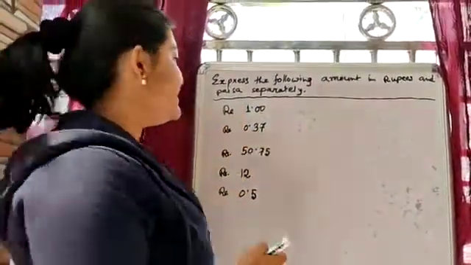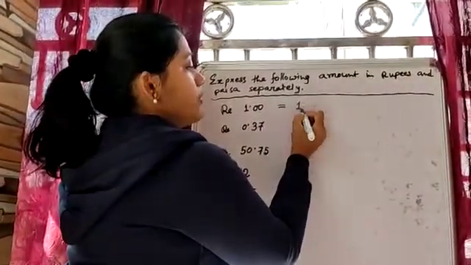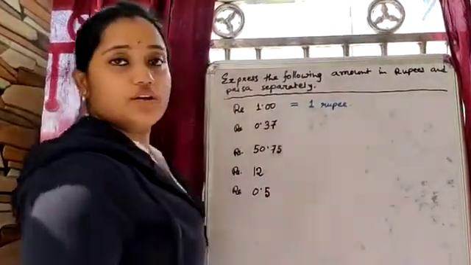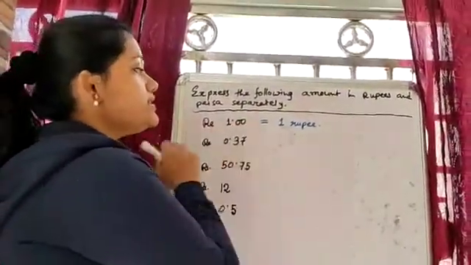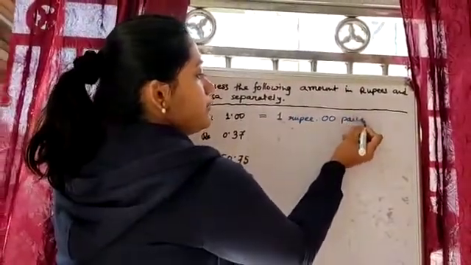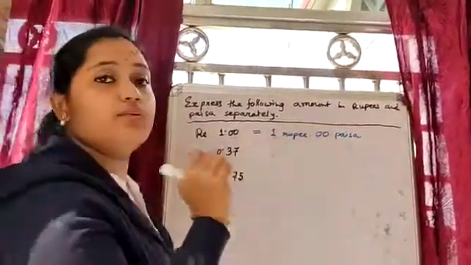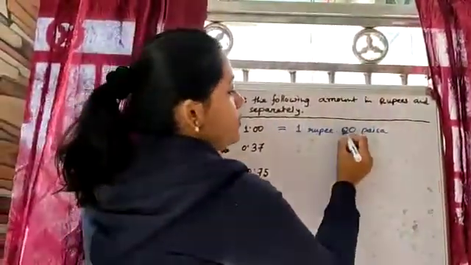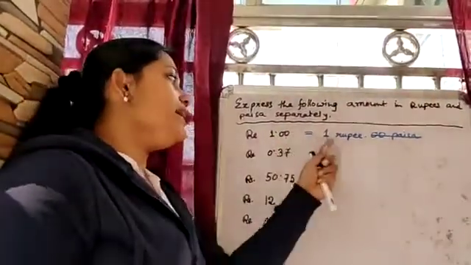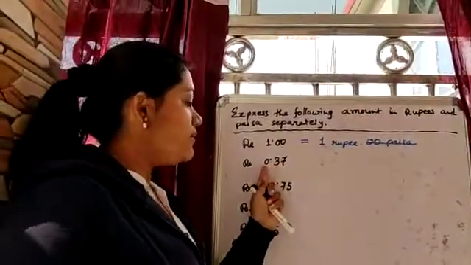No paisa. That is only 1 rupee. Since there are 2 zeros, but 00 paisa we are not going to write down. So we will write down only 1 rupee, no paisa.